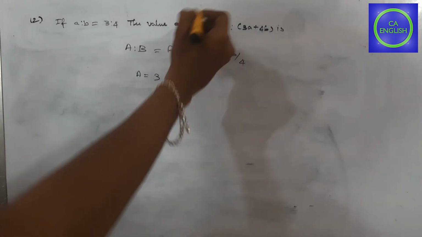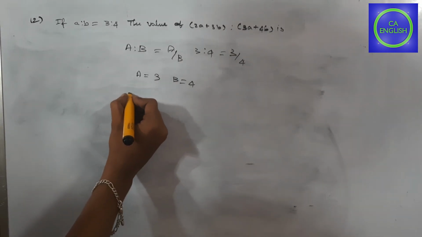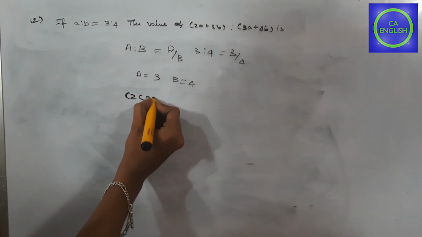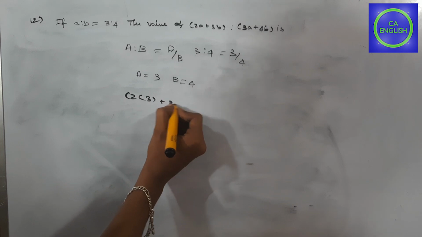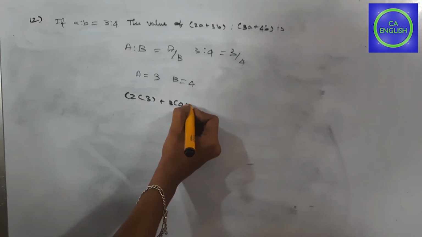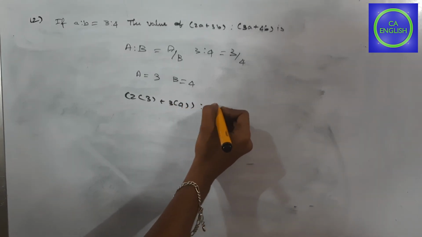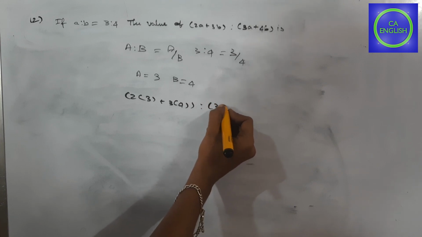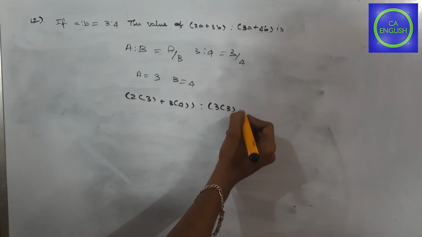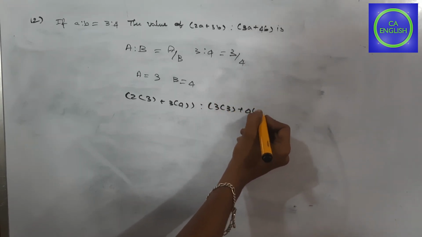Then apply it in the given expression: 2 into 3 plus 3 into 4 is to 3 into 3 plus 4 into 4.